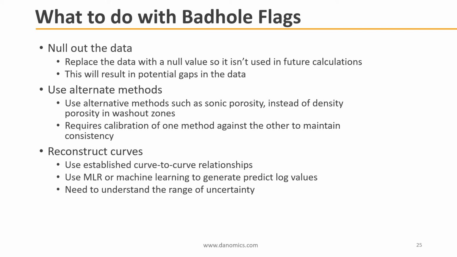So we can essentially use some curve-to-curve relationships, and this could either be something like the Gardner relation, or it could be something like multilinear regression or some other type of machine learning model used to predict log values. And with either of these methods, you just really need to understand what the range of uncertainties are.